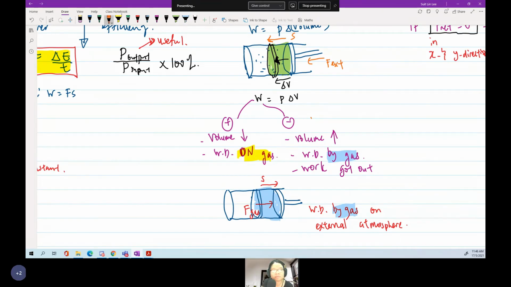That is where sometimes people can be a bit confused lah. Because here is work done by external force, which by the way is your atmosphere, on the gas. So this is on the gas.